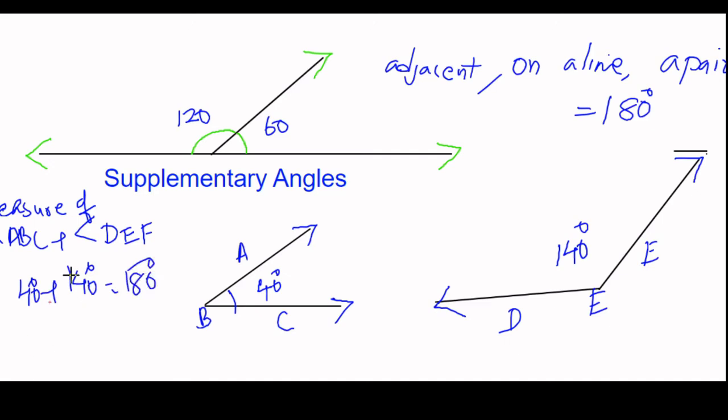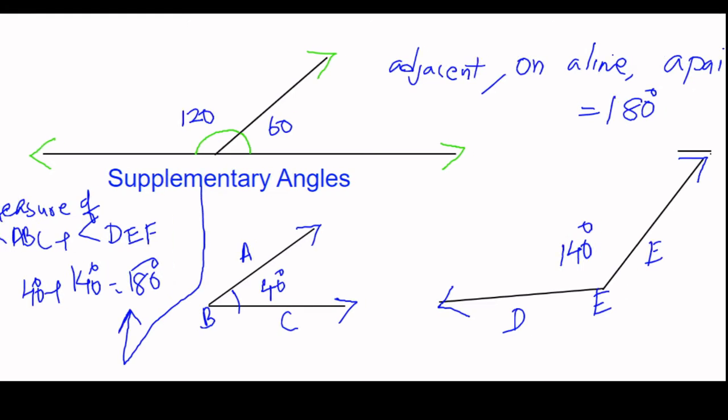So naturally the sum of those two angles will be equal to 180 degrees, and we say they are supplementary angles. So my dear students, for supplementary angles, the sum will be equal to 180 degrees. They will be a pair of angles, either on a line or separate. Okay, that is a concept that you should be very clear about. Let us move ahead.